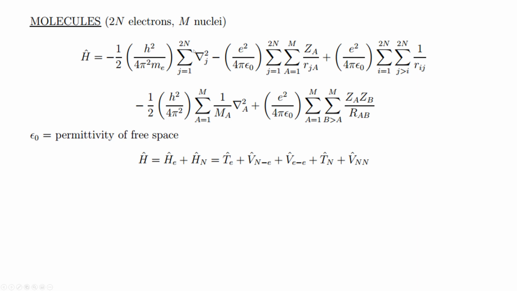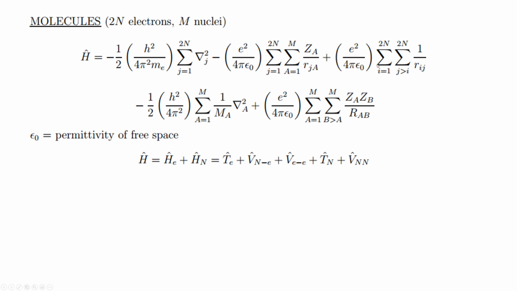In the first term in kinetic energy, here we have h squared over 4 pi squared m_e, the mass of the electron, really represented by the reduced mass, where we end up with the mass of the electron. And also we have the summation, again, when we deal with a case where we have 2n electrons and m nuclei. And also we have another constant, e squared over 4 pi epsilon naught, the permittivity of free space.